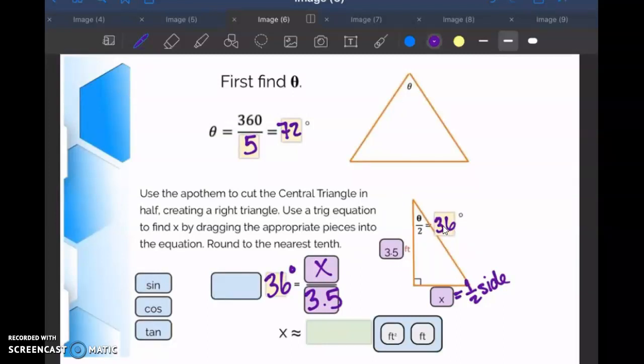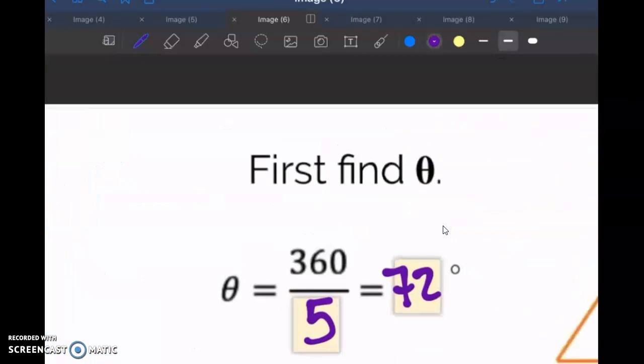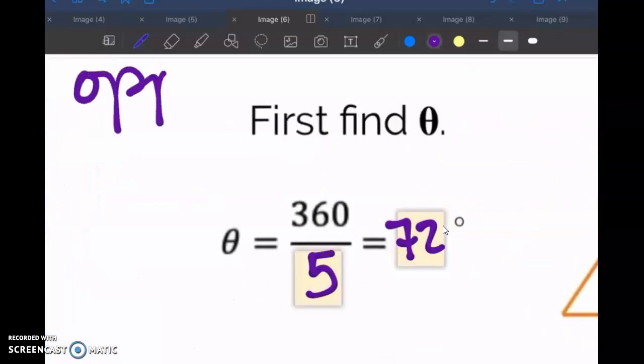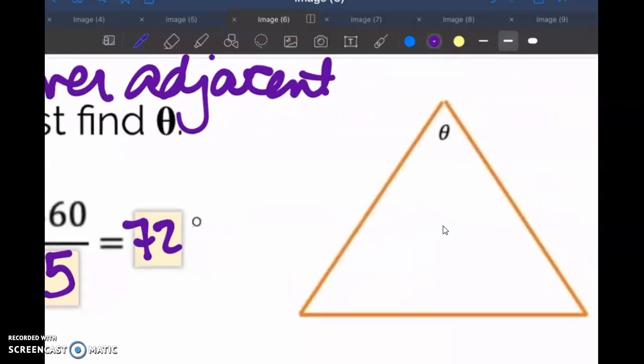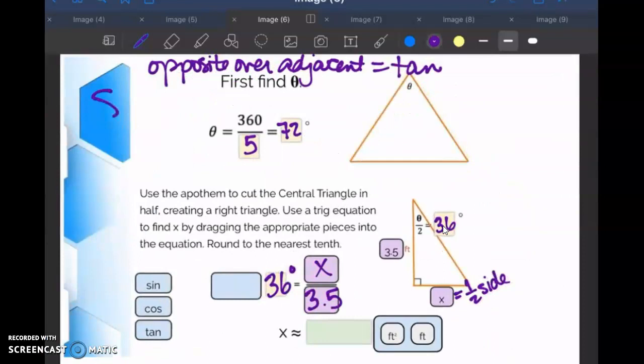But what do we know about the opposite side over the adjacent side? Opposite over adjacent is what trig? It's tangent, right? If you remember SOHCAHTOA. It's hanging on the walls of my classroom, but we're not there, so just write it down somewhere.